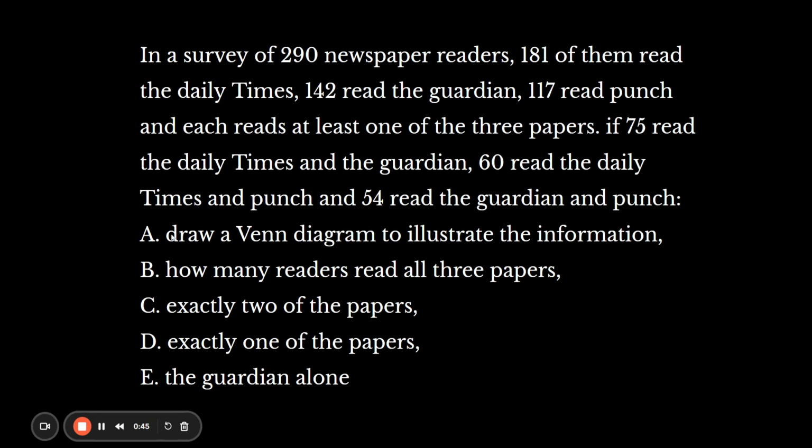Now we have to draw a Venn diagram to illustrate the information, and two, we're asked how many readers read all three, and thirdly, we are asked to find exact two of those that read exact two of the newspapers, those that read exact one of the newspapers, and those that read only Guardian.